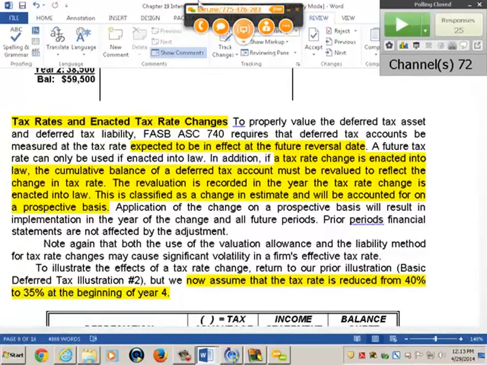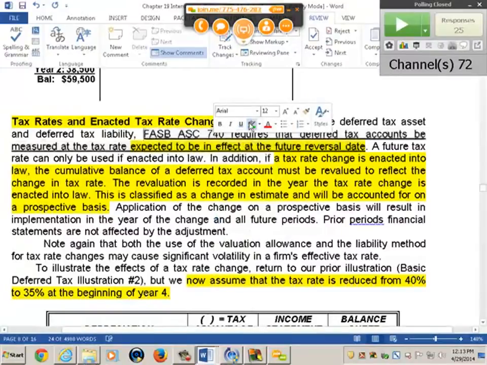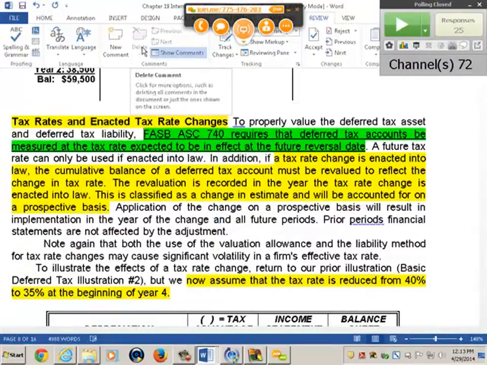Something if I didn't say this earlier, we should make sure this is clear, that you measure deferred tax assets and liabilities at the tax rate that we expect to be in effect at the reversal date. Now, that does not mean we forecast what taxes will be. It means that we think about what income level you're going to be at with the existing tax code.